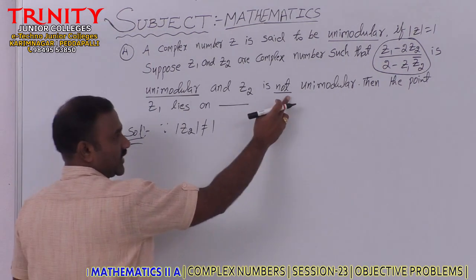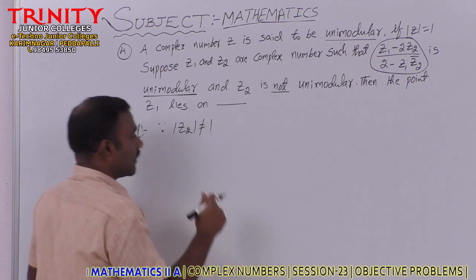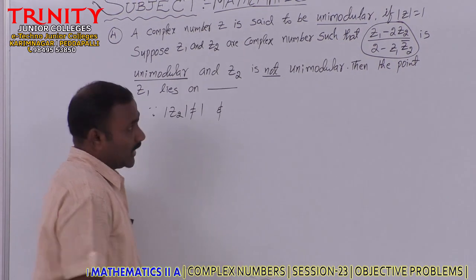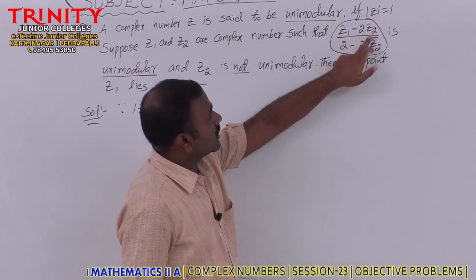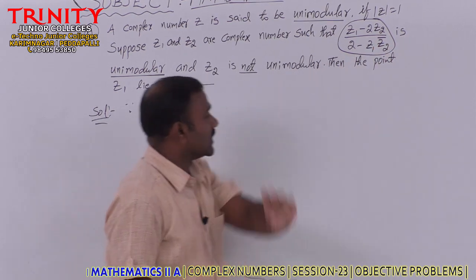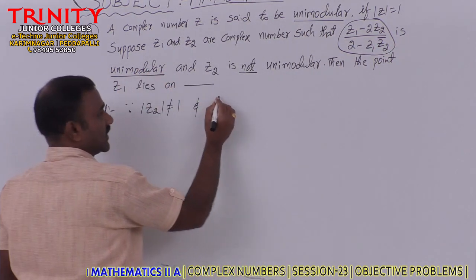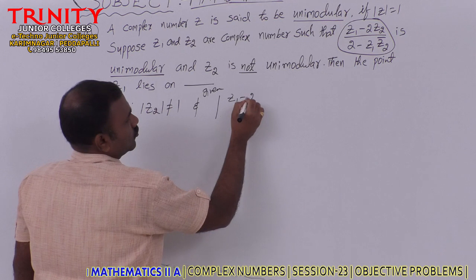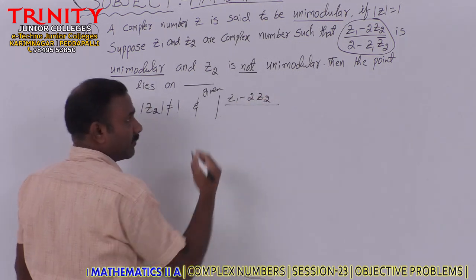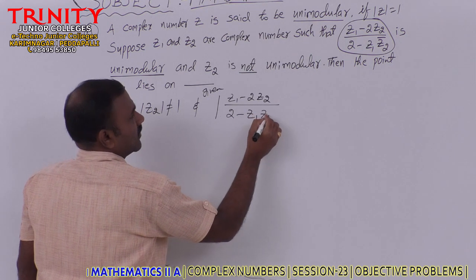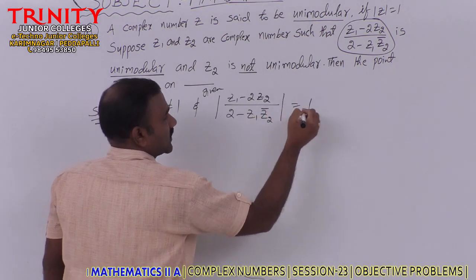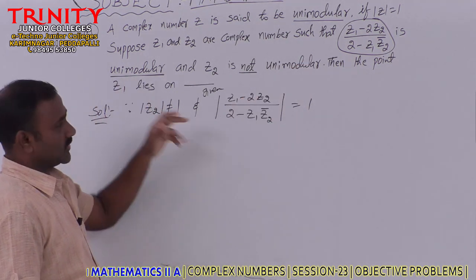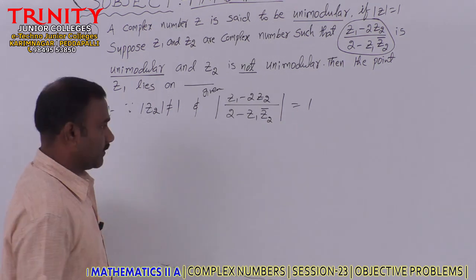That is what is given. The unimodular condition is nothing but mod of z1 minus 2z2 divided by 2 minus z1 z2 bar is equal to 1, means the modulus of the complex number is 1.